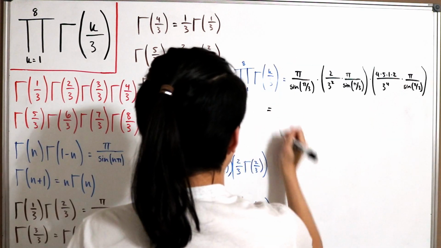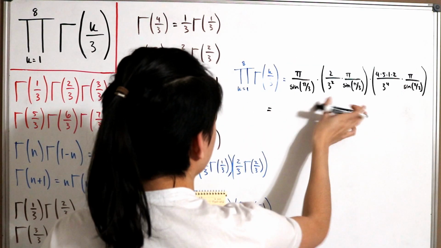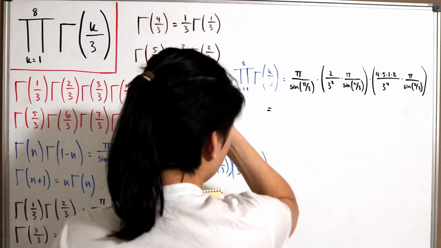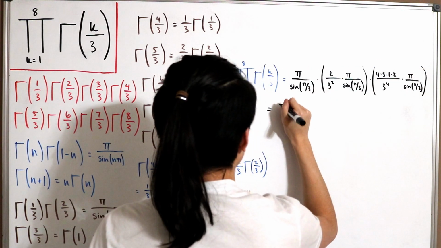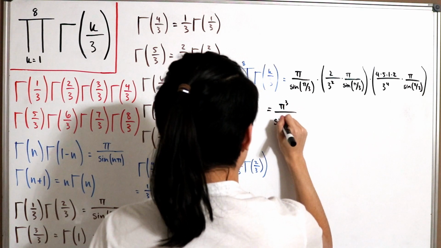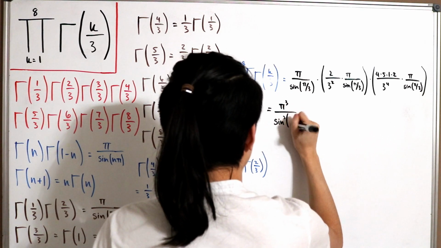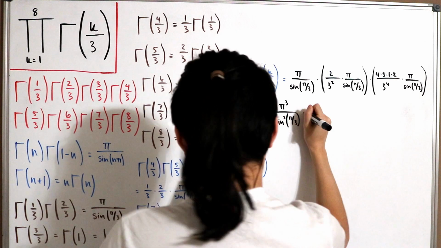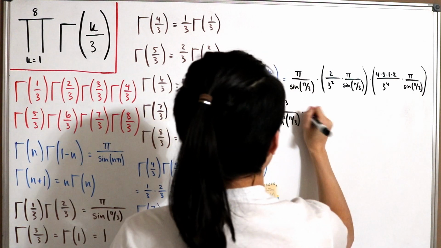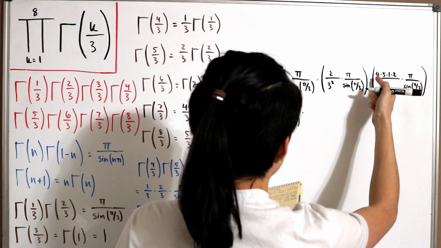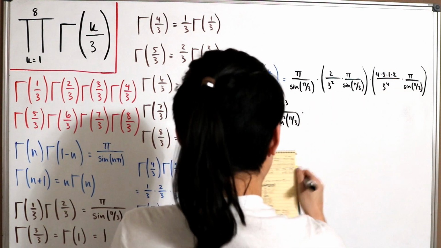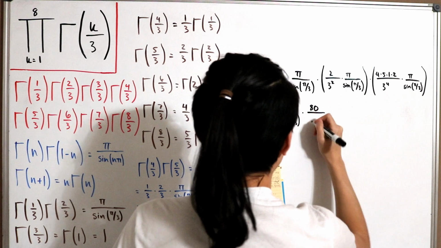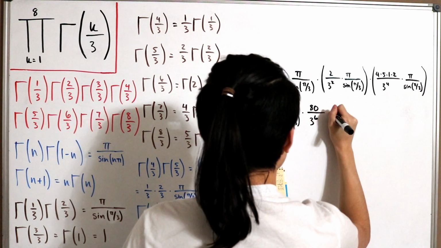Now for further simplification, we have 3 times sine of pi over 3, and same thing for pi as well. So pi cubed, divided by sine cubed of pi divided by 3. Then we multiply this with 2 times 4 times 5, which is 40, then times 2, which is 80, divided by 3 squared and then 3 to the 4, so 3 to the 6.